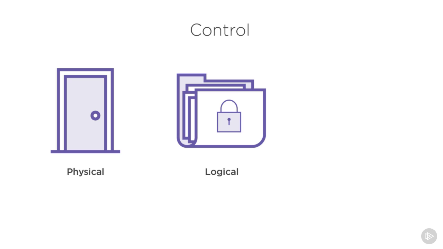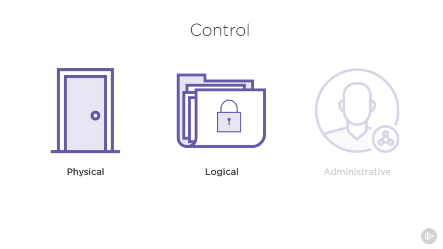They also show a logical class, which would include things like operating systems, software, security appliances, ACLs, as well as IDSs. And finally, there's administrative. Now, these controls are based off the way that people act. So we would include things like policies, procedures, as well as guidance.